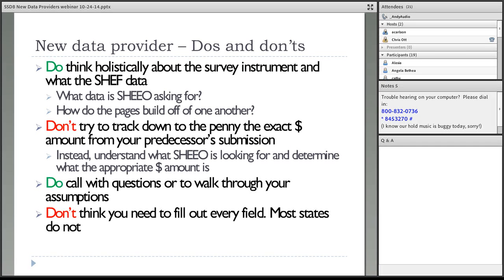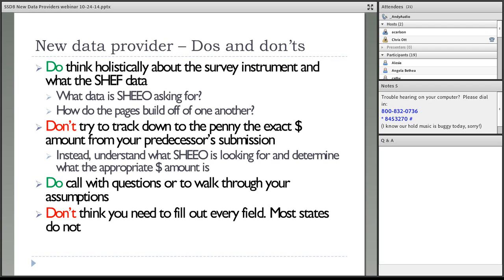I've seen that happen in some states, and once I had a call with them and talked holistically about the whole survey, it was much easier for them. And then I want you to call me with any questions or shoot me emails. I'm happy to talk through anything or walk through your assumptions.